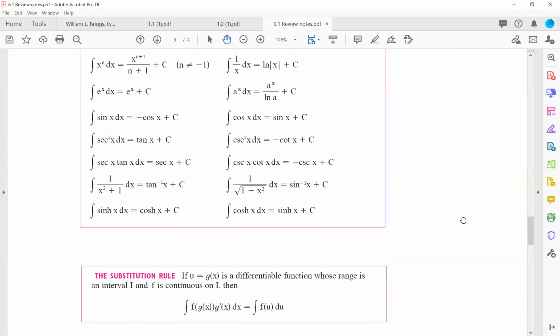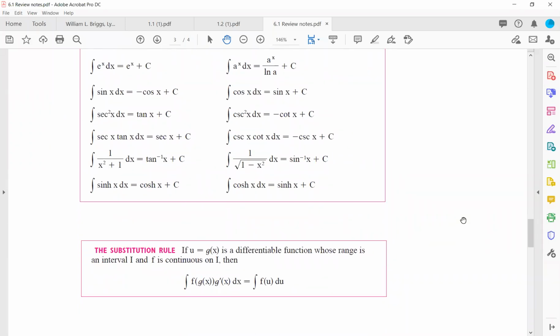Very well, let us move on. One of the important rules in taking the integral is the substitution rule. So suppose u is equal to g of x and it's a differentiable function, defined on an interval like I, and function f is also continuous on I. Note that this I is the range of your function, because you're working with the composition of two functions, function f composed with function g.